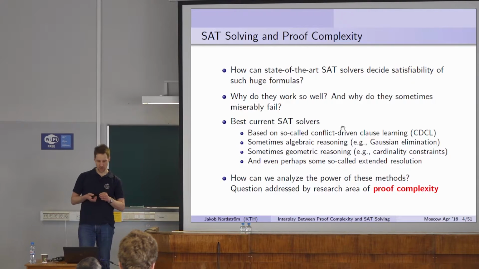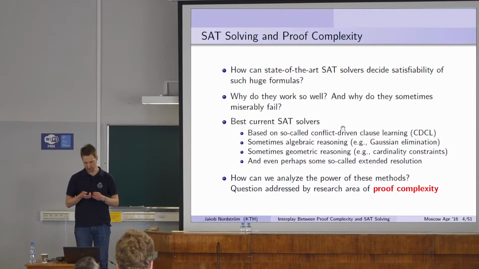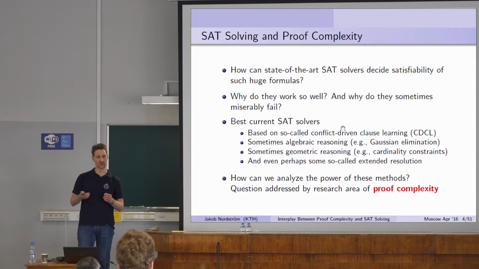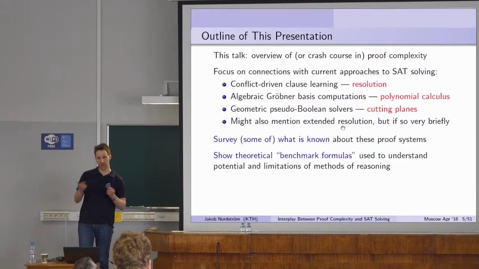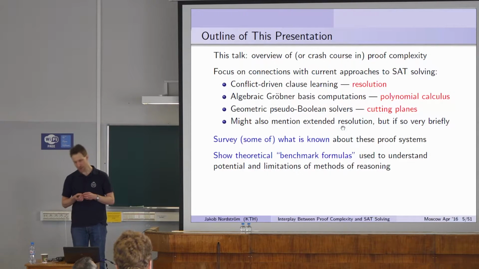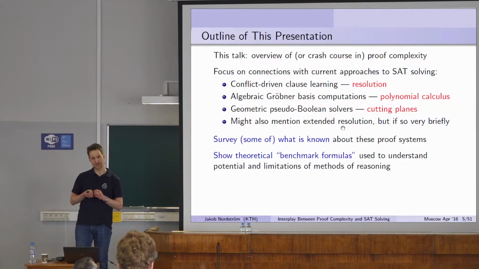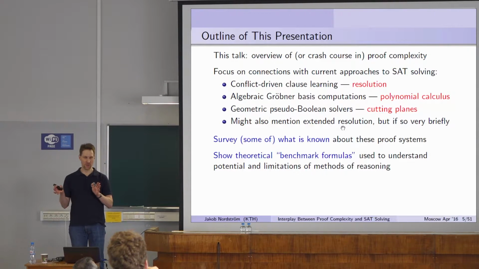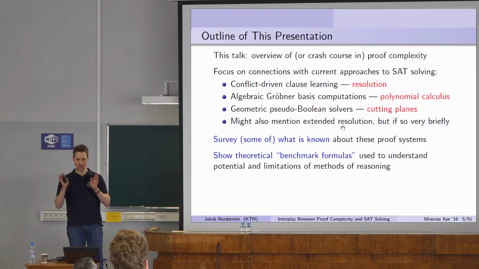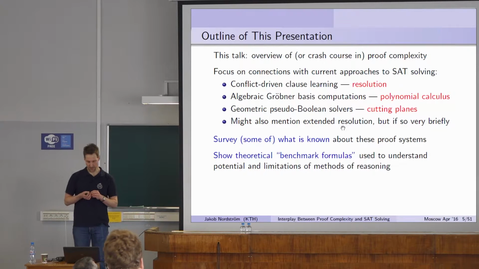Sometimes people try to do even extended resolution, and I'll get to that. And how do we analyze these methods? Well, we can use proof complexity. So what I intend to do in what remains, a little more than an hour of this talk, is to give you a crash course in proof complexity, with the focus on things that are relevant for SAT solving.